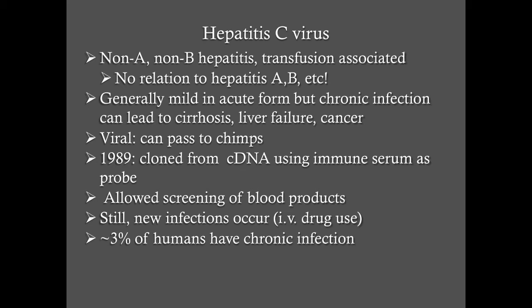When it was first discovered, hepatitis A and B had been identified, and so it was found to not be any of those. So it was originally non-A, non-B hepatitis, and the hepatitis viruses, hepatitis A, B, C, that the word comes from, wind up in the liver and they cause inflammation and pathogenesis.